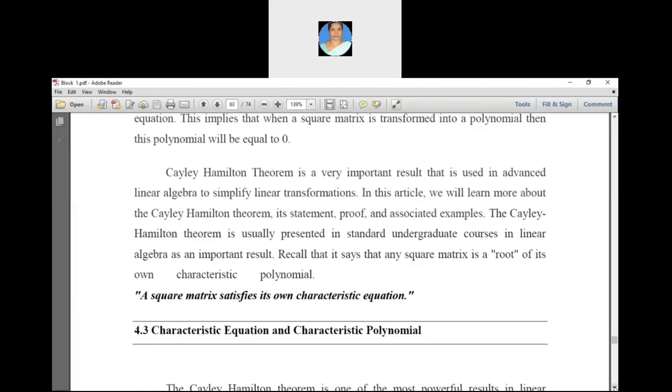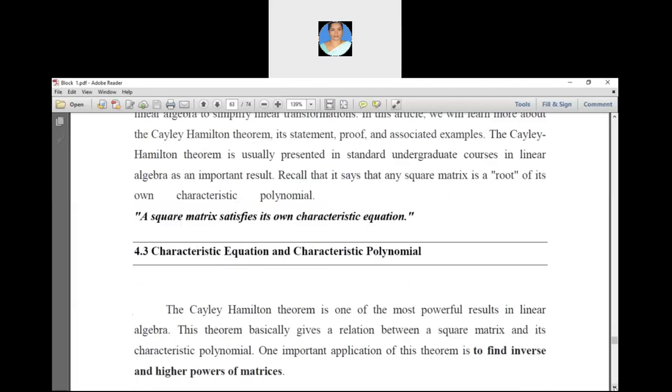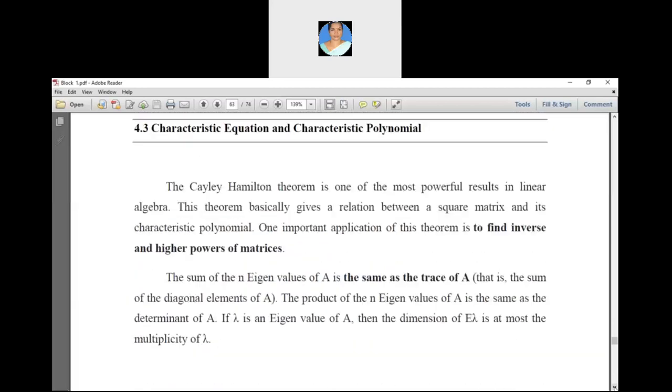The next one is characteristic equation and characteristic polynomial. The Cayley-Hamilton theorem is one of the most powerful results in linear algebra. This theorem gives the relation between a square matrix and its characteristic polynomial. One important application of this theorem is to find the inverse and the higher powers of a matrix.